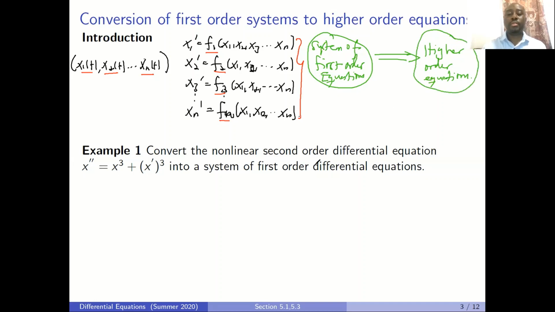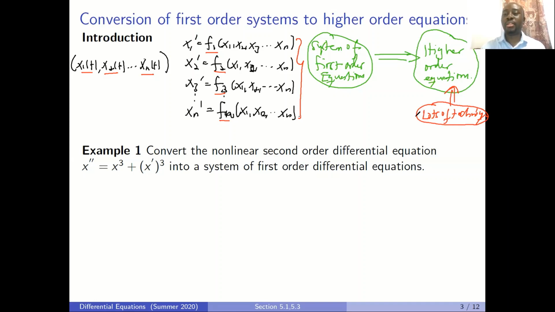Now, this is very important because once we go from a system of equations into higher order equations, especially higher order linear equations, we have lots of techniques. In fact, we spend the bulk of this class discussing methods to solve higher order linear equations.